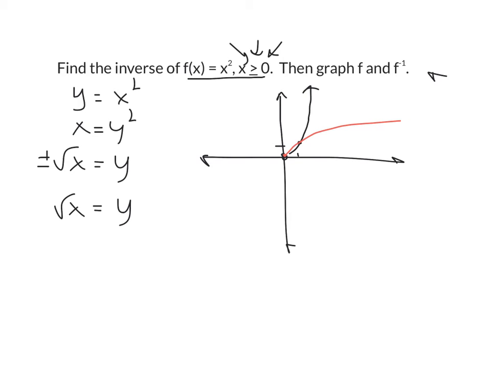That was like half of a sideways parabola. If I did draw the line y equals x, which you don't technically have to do, it would go right through here and split it. They would be reflections over that line. I'm having a hard time making it show up. So if it's an even degree, we are going to restrict the domain. If it's an odd degree, we're good to go.